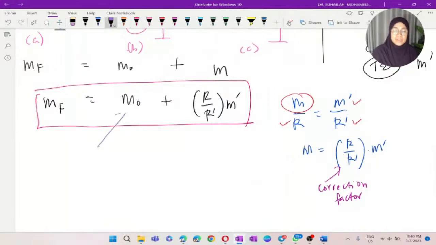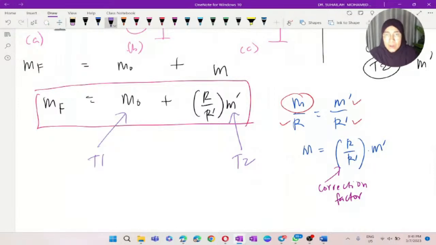In summary, this is from table number 1, and this is the value from table number 2. So R we get from the shear equation under part 1, table number 1, and R prime we get from the shear equation under part 2 from table number 2.